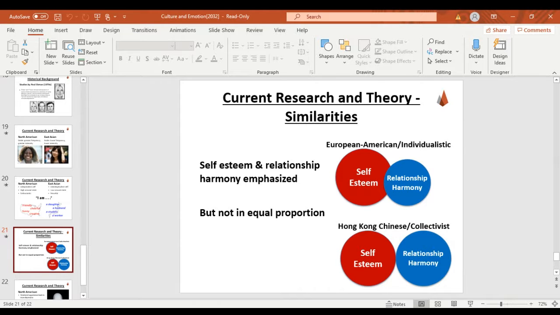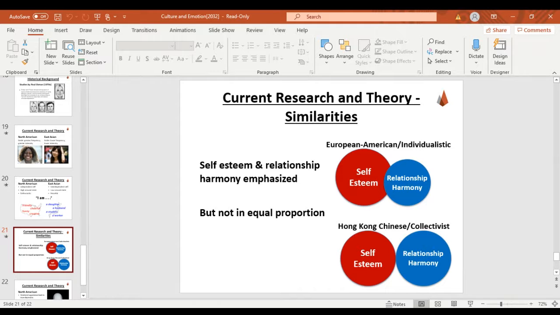And with this being said, it doesn't mean that either is right or wrong, but Hong Kong Chinese, a more collectivistic culture, their marriages may last longer, with less divorce overall, because their life satisfaction is reliant on not just self-esteem but relationship harmony.